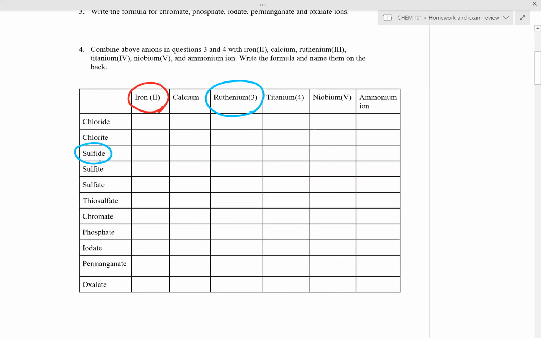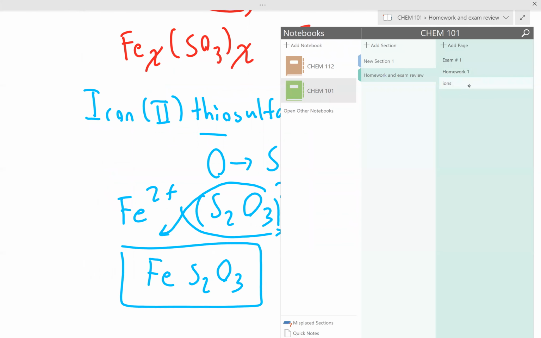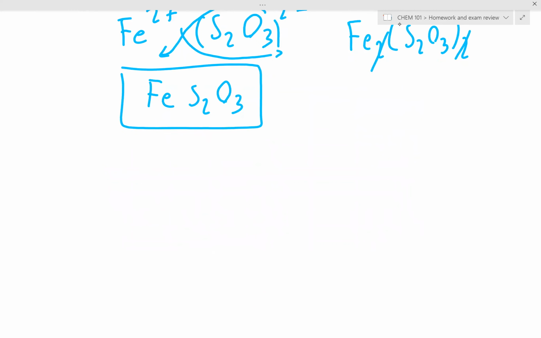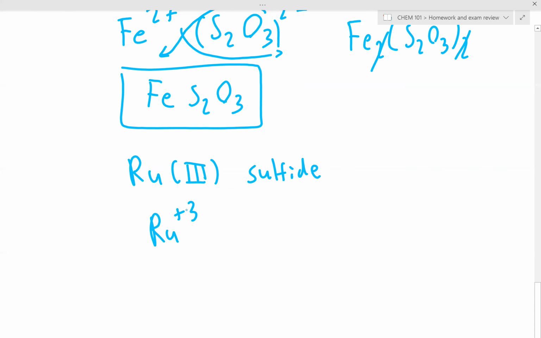Okay, so in this case we're dealing with ruthenium 3 sulfide. Let's start converting the names into actionable ions. Let's write the ions and their charges. So ruthenium 3, what's the charge of ruthenium? 3. So we write this as Ru 3+.